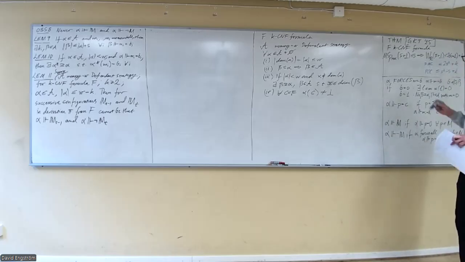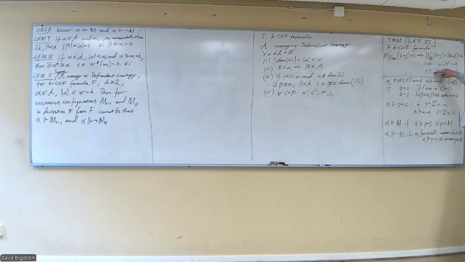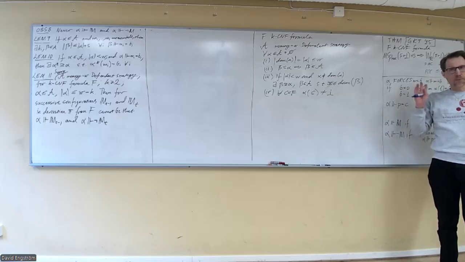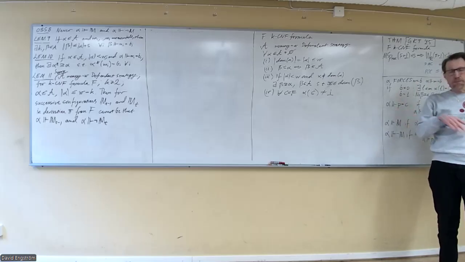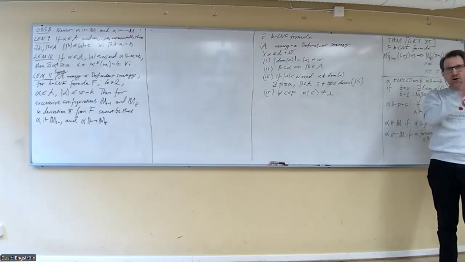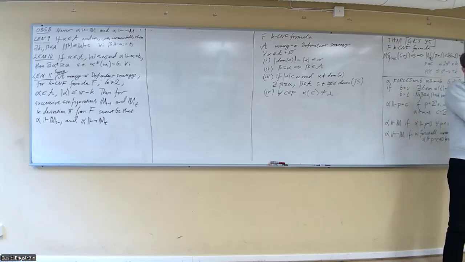So in particular, to go from here to here, the one thing in functional monomial calculus is that you have no idea which monomials you're using in each configuration. Remember, this was an implicational system where the monomials at time t minus 1 might be completely unrelated to the monomials I have at time t. All I know is that the Boolean function over this set of monomials implies this other Boolean function over this other set of monomials.